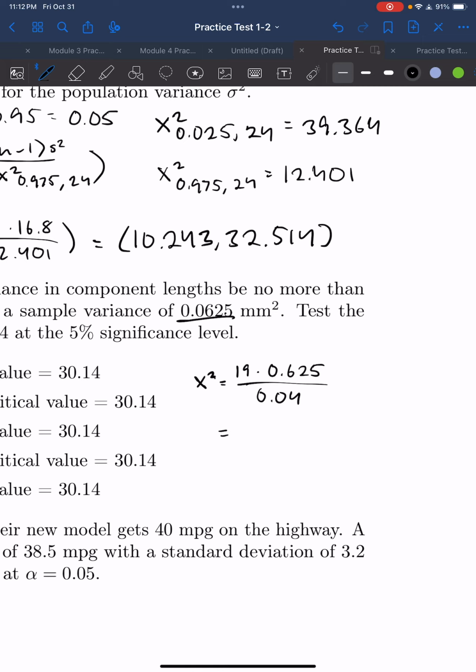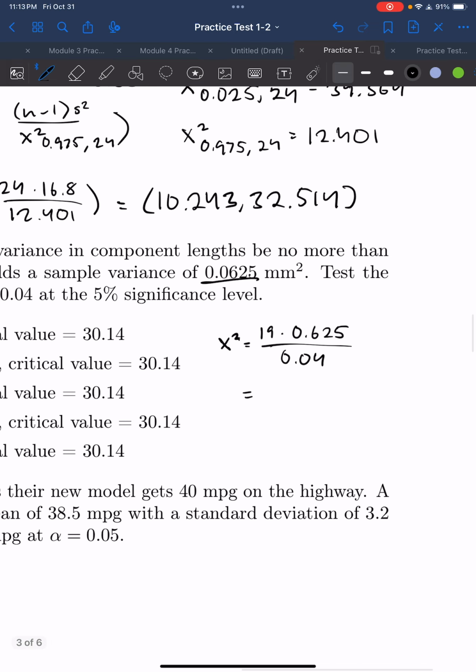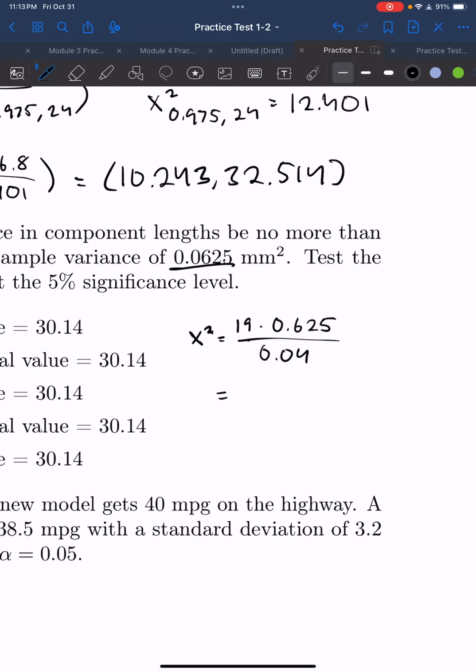So now we can just plug that all in, and we can get our chi-square value of 29.